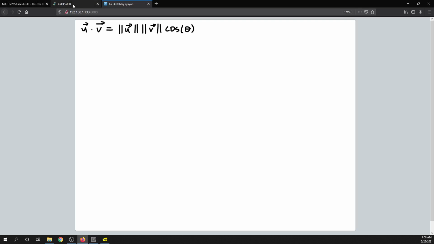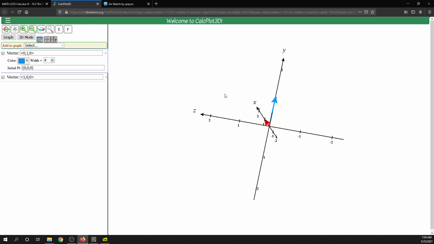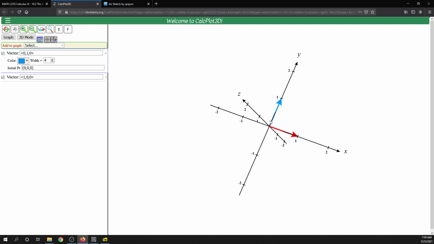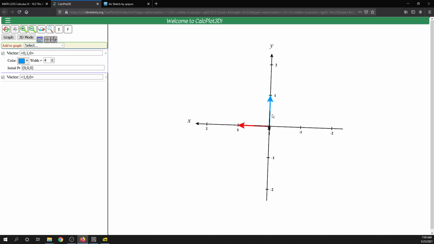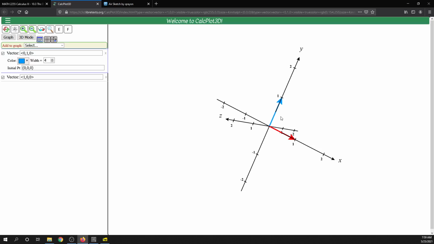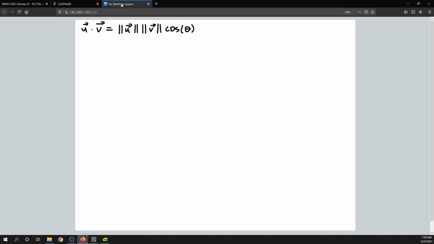But for the time being, what we can do is just look at this, and we know that the angle between these two vectors, because these two vectors are really nice, it's pretty easy to tell that the angle between those two would be pi over 2, okay? So in this case, we would calculate the magnitude of the vector u. We know that the vector u is 1, 0, 0, right?